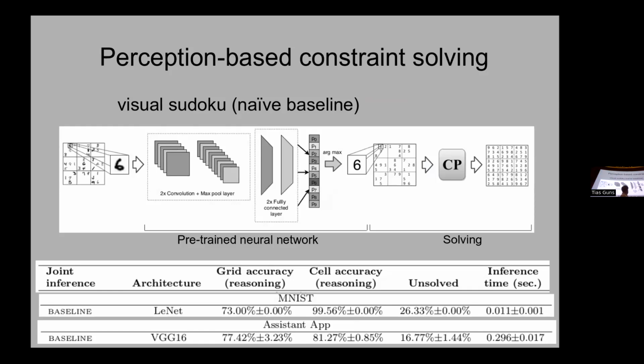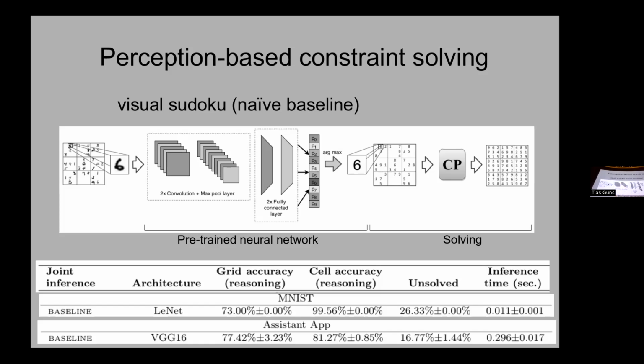So what happens? If we use MNIST data, so very clean individual numbers, and we arrange them on a 81 by 81 grid, and we add some empty cells in between, then if we focus on the cell accuracy, so the accuracy of individual cells, this MNIST classifier gets about 99.5% accuracy, which is very, very high.